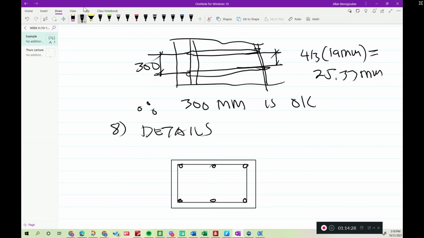Put the other one here. This one is 350, am I correct? And the other one is 300.